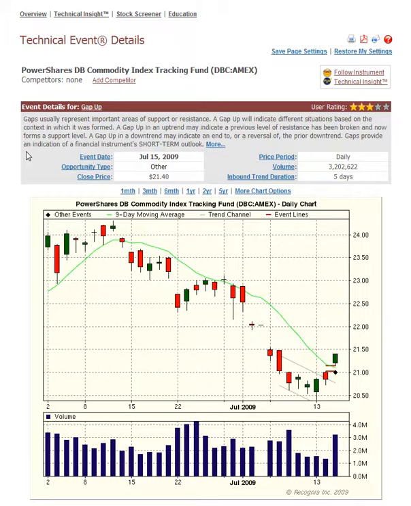A gap up in an uptrend may indicate a previous level of resistance has been cleared and broken and now forms a level of support. So what was once a ceiling becomes a floor. I'm sure many of you have heard that, but if you haven't, that's the case. A gap up in a downtrend may indicate an end to the trend or reversal out of the prior downtrend.